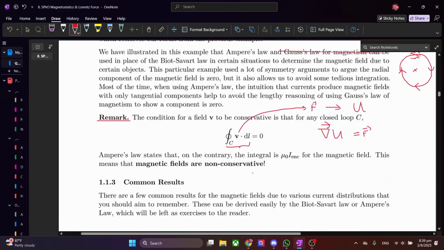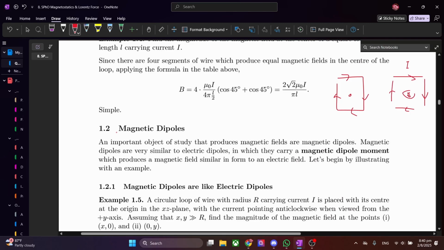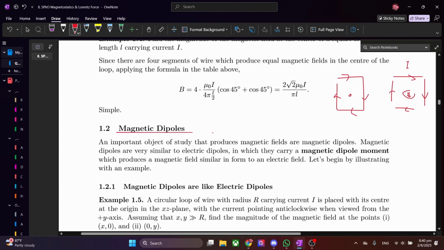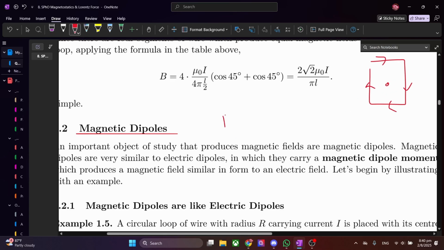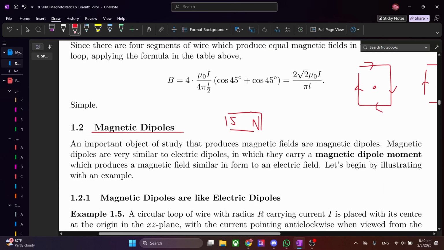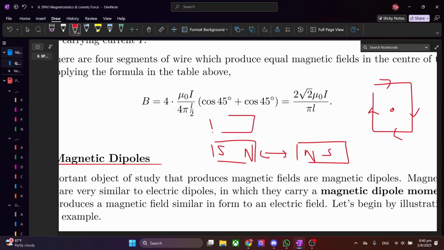Yeah. So, okay, next thing to start talking about is magnetic dipoles. These are actually kind of important usually. Because traditionally when we think about magnets, they usually have a north and south pole. They have their own magnetic fields around them, and again like poles will repel and unlike poles will attract, something like that.